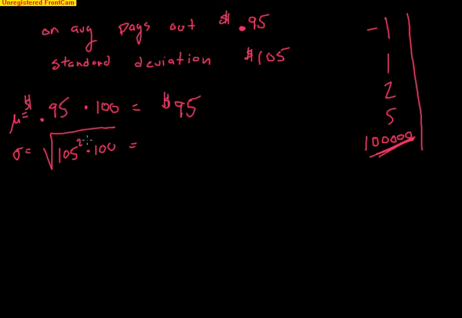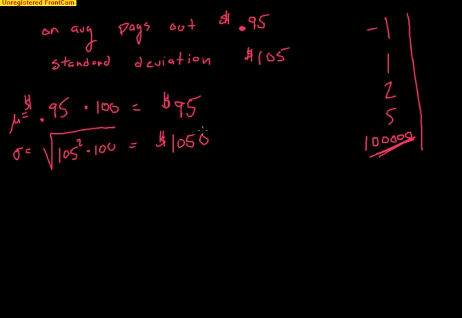Well, I don't feel like writing all those out. So I'm just going to do the variance of 1, 105 squared, times 100 of those, square root to get back. So it's going to be the square root of 100 times 105 squared. And I get $1,050. So this machine expects to pay out $95 over 100 plays with a standard deviation of $1,050.